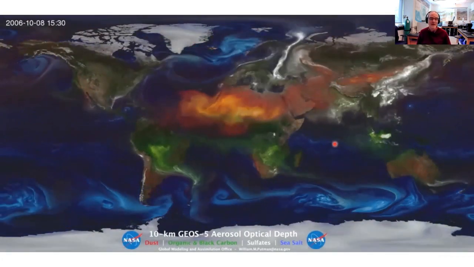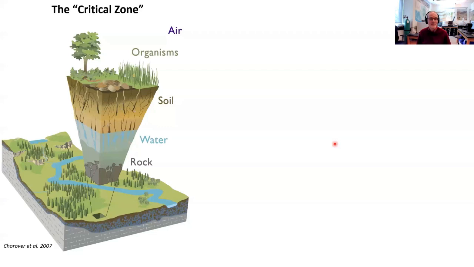Earth's near surface environment. In the last 20 years or so, the Earth's near surface environment has been frequently abbreviated in this shorthand of the critical zone, the critical part of the Earth, if you will, where the atmosphere and the biosphere, hydrosphere, soils, geology, et cetera, are all in closest contact with one another.